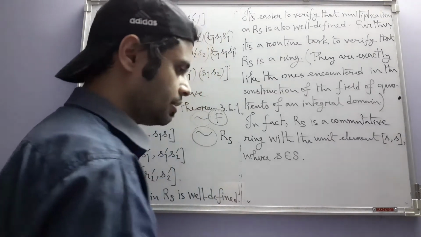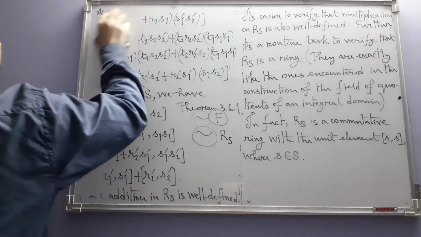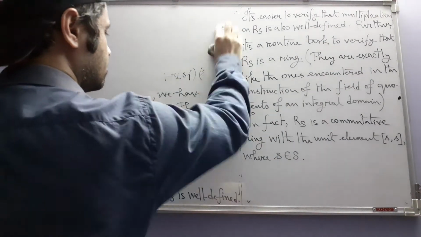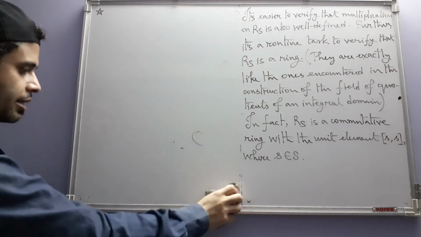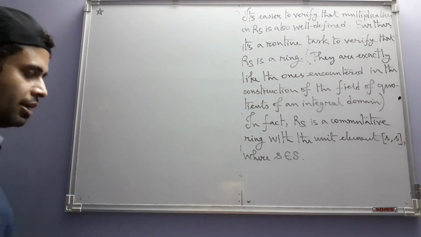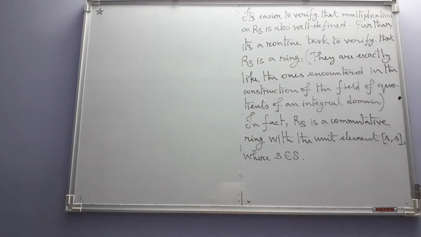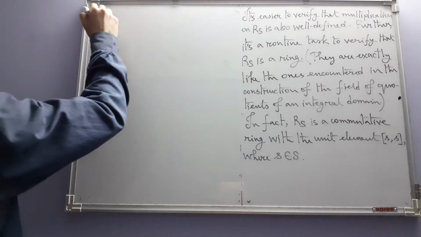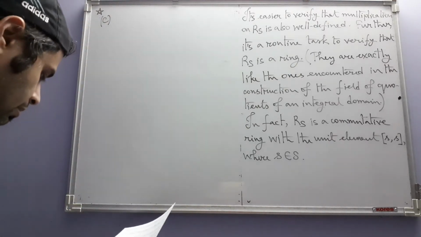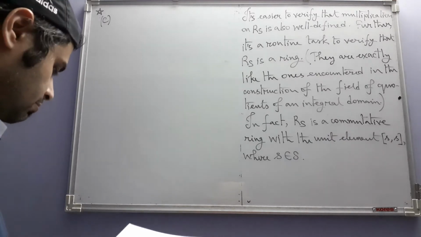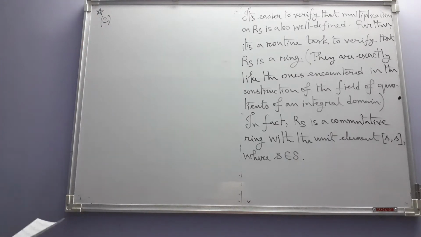Okay, now comes the difficult part, the question of embedding. Can we always embed R into RS, just like we can embed D into F? And the answer is no. To show that, we need a counterexample, and constructing that counterexample took me quite a while, like 1 or 2 months.